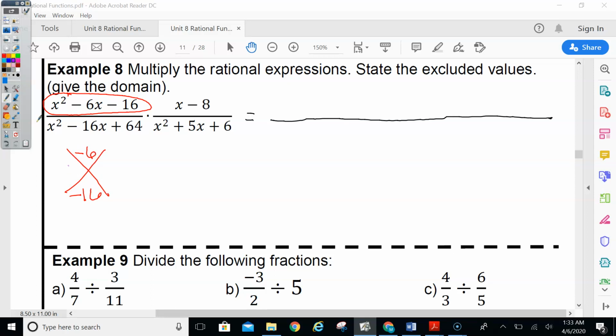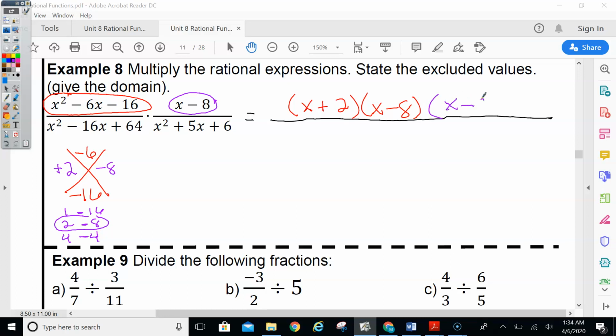So we have 1 and 16, 2 and 8, 4 and 4. I need the bigger one to be negative. So which one's going to give me negative 6? Positive 2 and negative 8. So for the numerator here, this factors into x plus 2, x minus 8. This one is not a quadratic, so this one is actually just going to stay x minus 8. Only if it's a squared do you do anything. Not a squared, just leave it alone, unless there's a GCF.